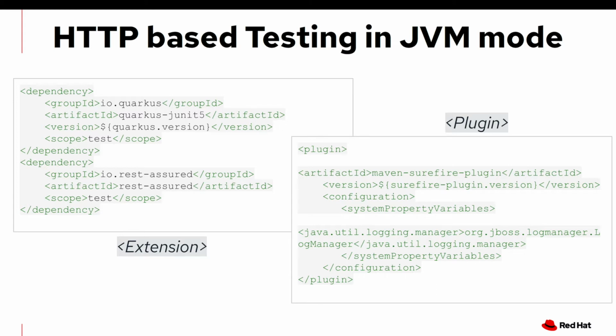JUnit5 is the base functionality, and the Quarkus extension gives you testing capability. REST Assured is not a required extension for the testing framework, but it's a more convenient way for developers to test your application using REST API over HTTP protocol. Let me show you quickly.